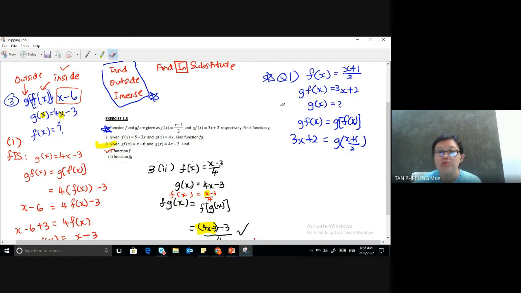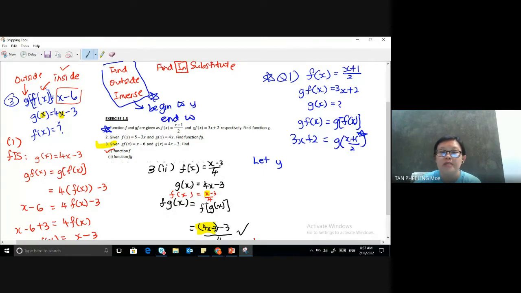So what I'm going to do now is, remember, finding outside, inverse. So the inverse is actually this one. This is your inverse part. I'm going to do here: let y, remember inverse means you have to begin with y and end with x.